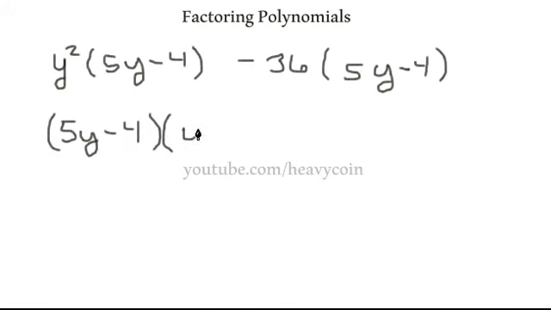So we're going to be left with a y squared minus 36. Now, we can factor this again. This part right here falls under factoring binomials because there's two terms here, and I do have a section on just factoring binomials.